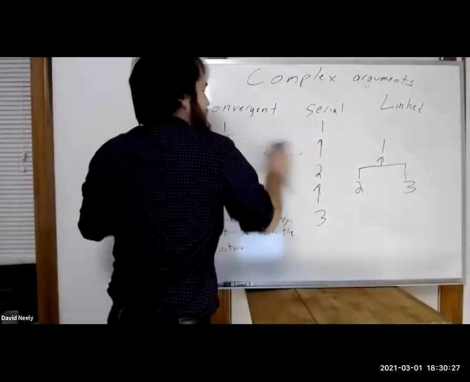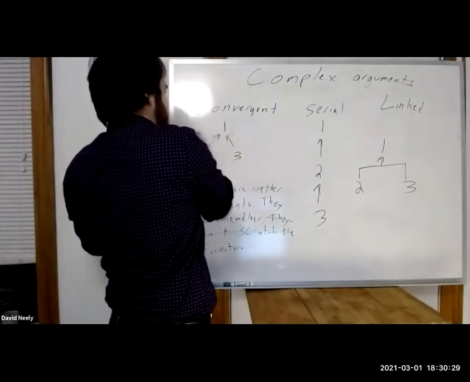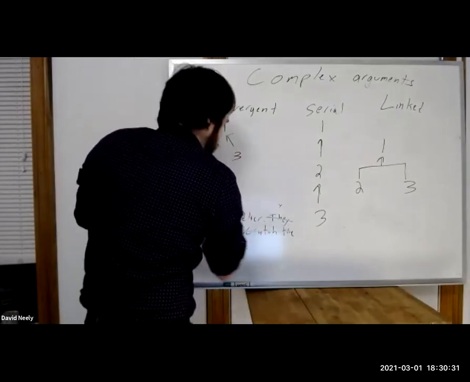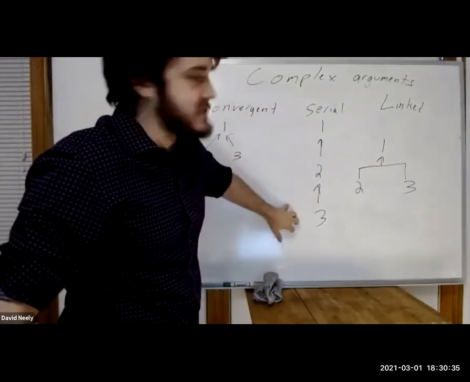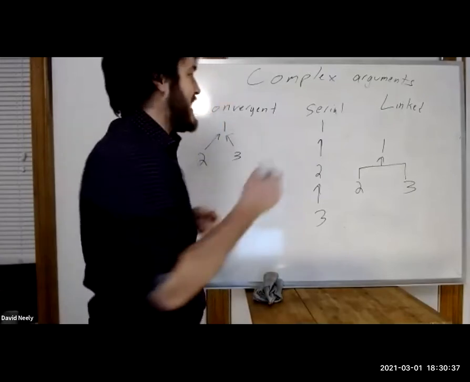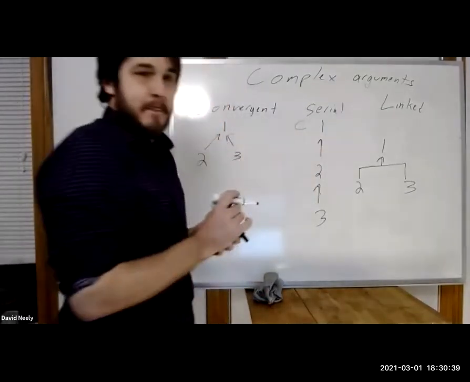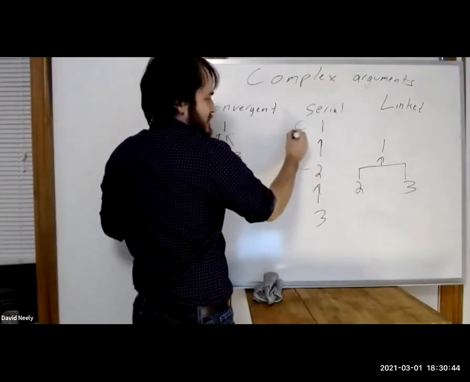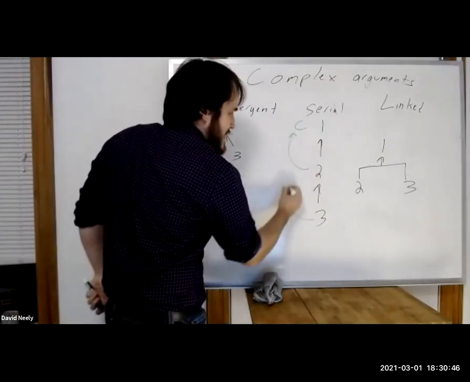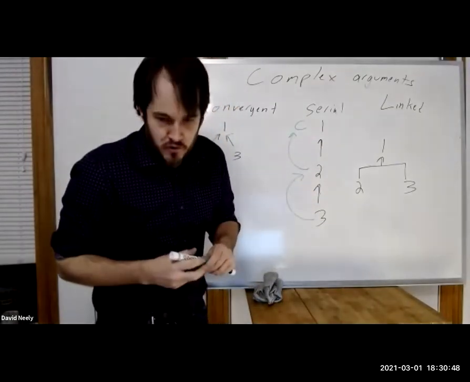The second type of building block which can exist in a complex argument is what is called a serial ordering of premises. In this case, 1 is still the conclusion, 2 is your reason for the conclusion, and 3 is your reason to think 2 is true.